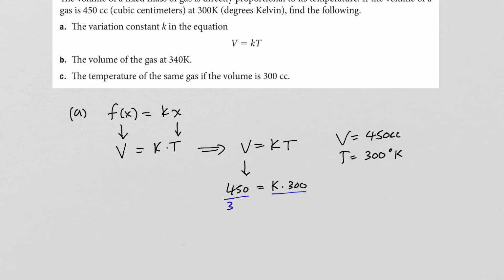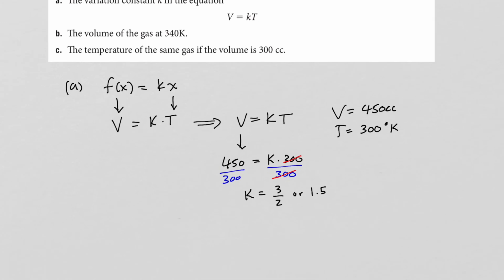And if we divide both sides by 300, we get K is equal to 450 divided by 300, which is reducible to 3 over 2, or 1.5. So that means that our variation model is volume is equal to 1.5 times the temperature. That's one way to write it. Or we can say volume is equal to 3 over 2 times the temperature. So these are the same. One is in decimal notation and the other one is in fraction notation.